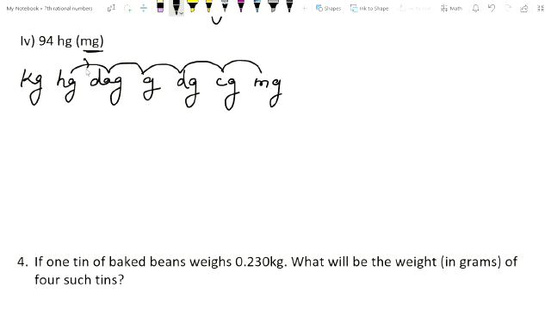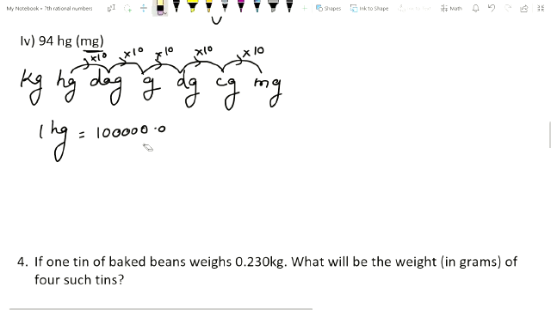So into 10, into 10, into 10, into 10, into 10. So 1 hectogram equal to 1 lakh milligram.